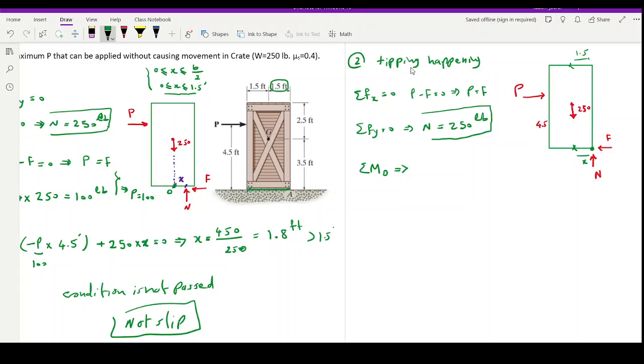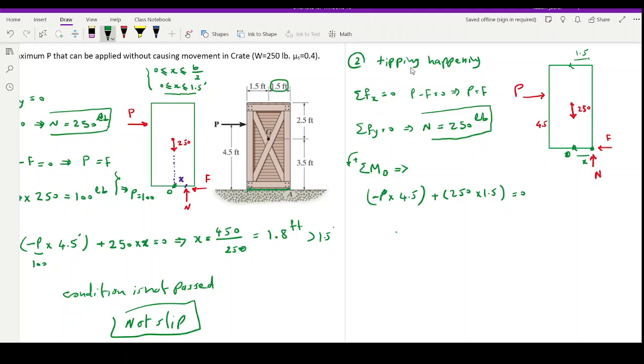So let's take sigma M about O, and from there we can find P. This is point O, and this is my positive direction again. Negative P times the distance 4.5, and positive N, which is 250, times the distance, which is 1.5, is equal to 0.